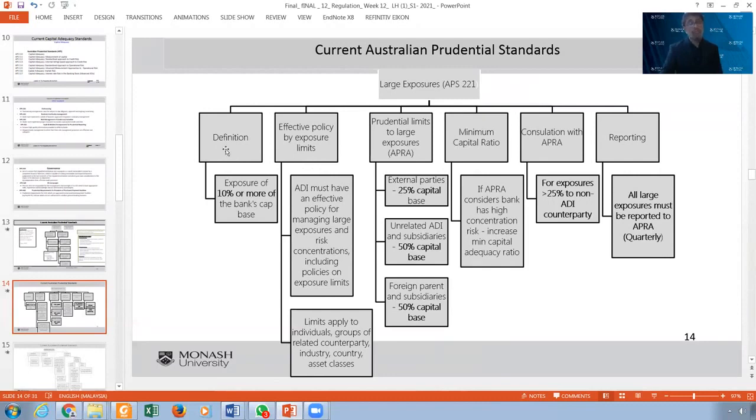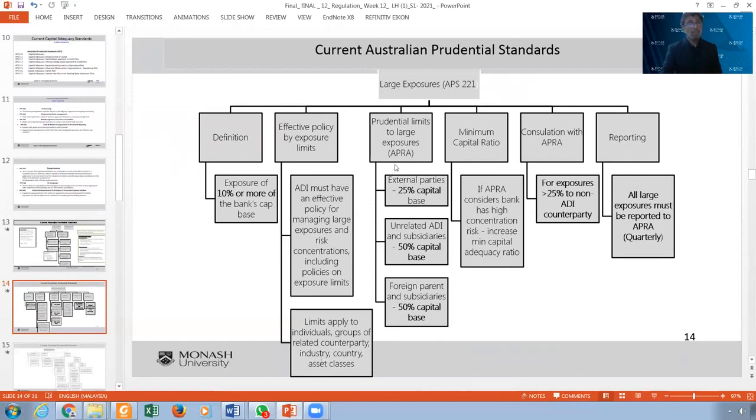So they define in Australia a big loan as any loan that is up to 10% of your capital. You have to have an effective policy with exposure limits, which means you have to see that 10% is actually the maximum you can expose in a single loan. ADIs must have an effective policy for managing large exposures and risk concentration, including policies on exposure limits.